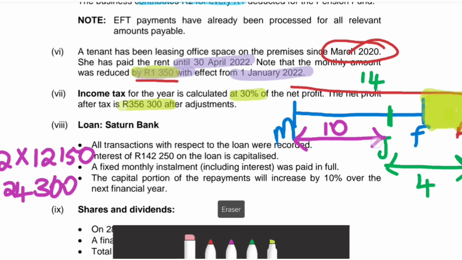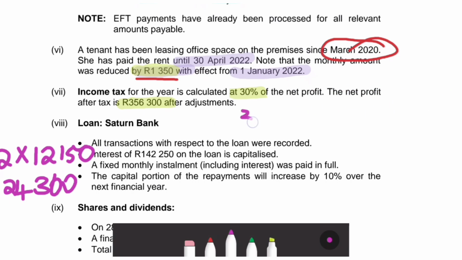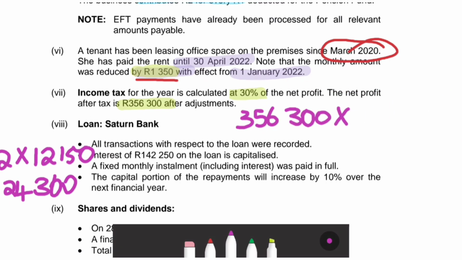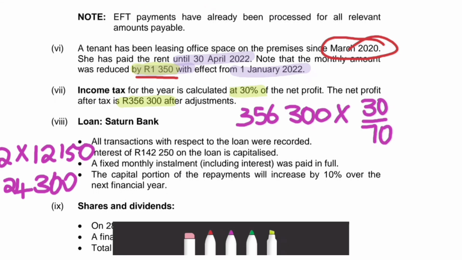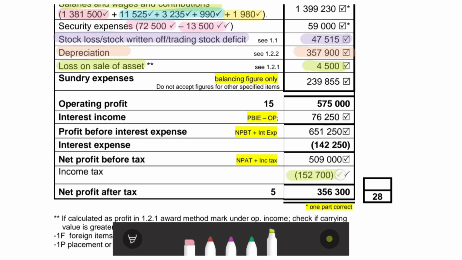Let me clear here so that we can make some space. To take the net profit after tax, multiply by what we want, 30%, over what we have, 70%. All this will give us an income tax of 152,700 rand.